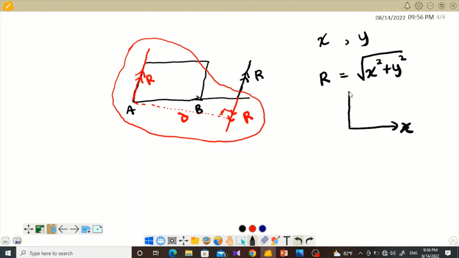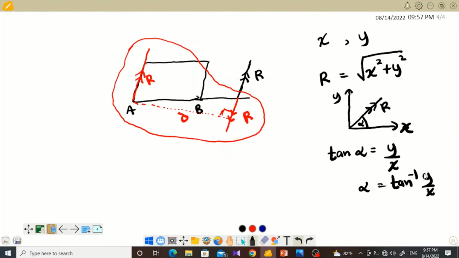Then our resultant force acts between them, and it equals R. Then R gives the value square root of x squared plus y squared. And I can find the direction or angle. I take this as alpha, then I can write tan alpha equals y divided by x. Then alpha equals tan inverse of y divided by x.